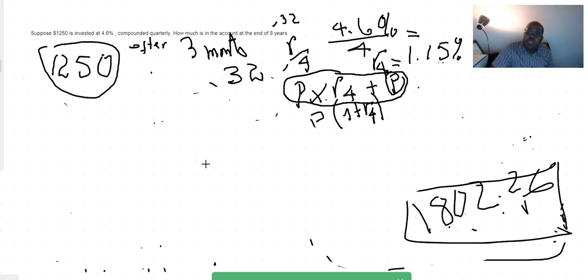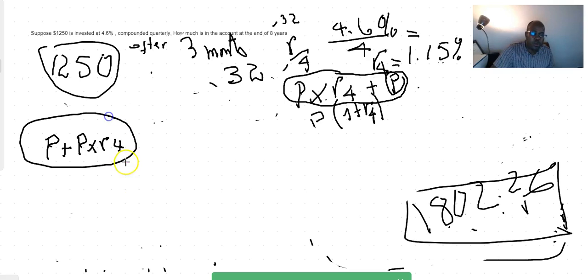But for the second quarter, my capital is going to be different. After the first quarter, I start with this in the bank. That's what we have in the bank after the first quarter, which means the interest for the second quarter that I'm going to earn after 6 months is going to be on this amount.